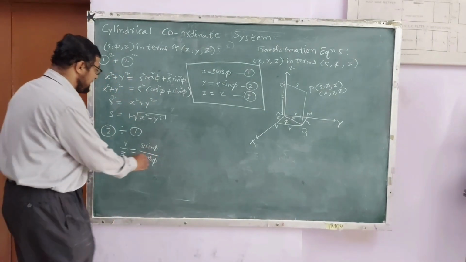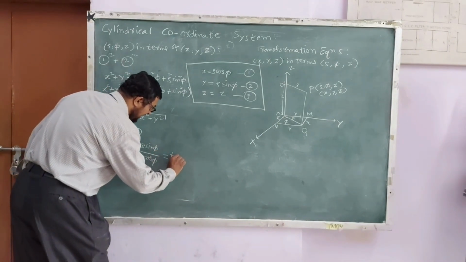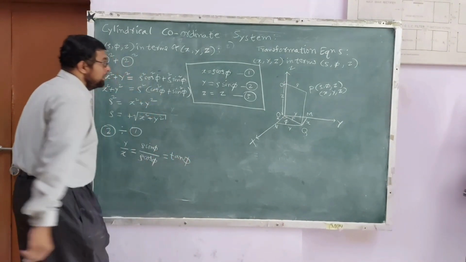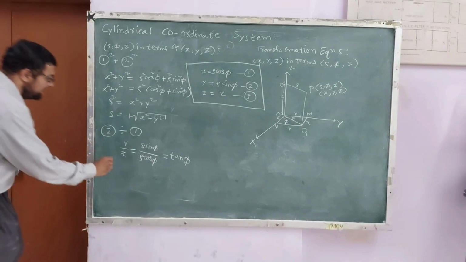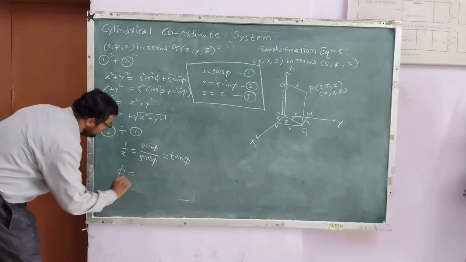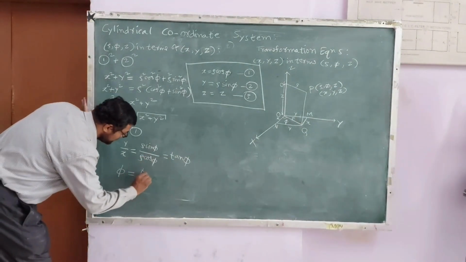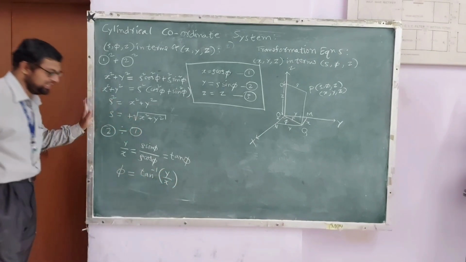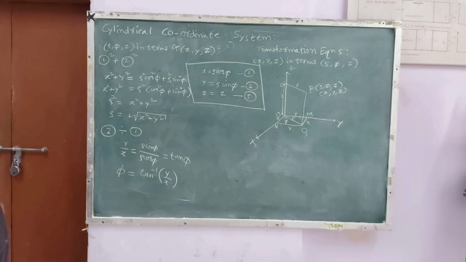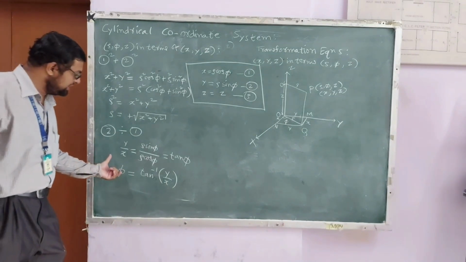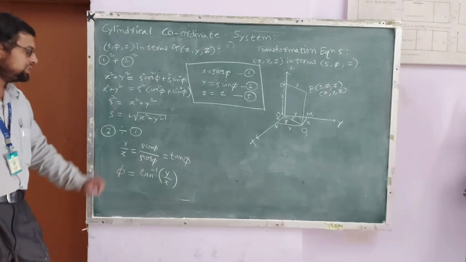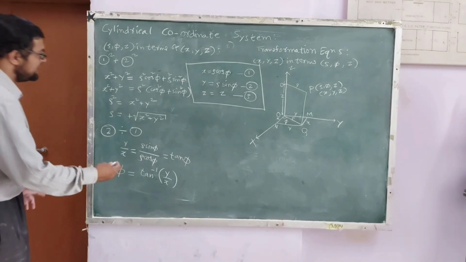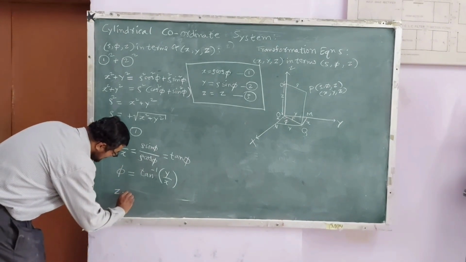So this rho will get cancelled, and this is the same thing as tan of phi. Therefore we can write phi is equal to tan inverse of y divided by x. So this is our second coordinate, phi, in terms of Cartesian coordinates. And the third one is z is equal to z only, simply.